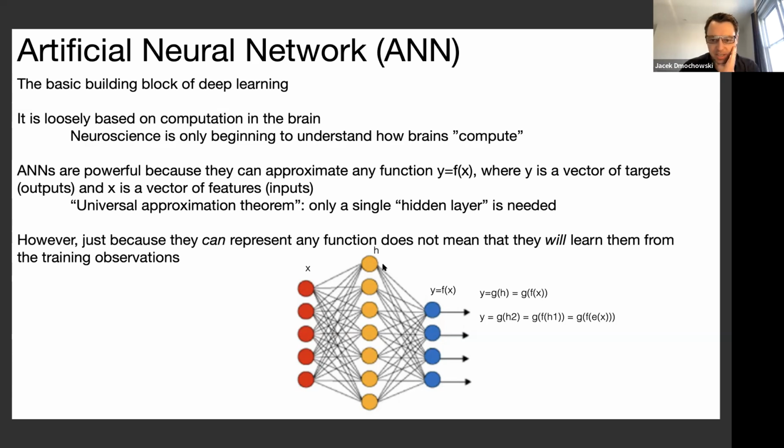So in the example that you see here, you just have the transformation from input to hidden layer, and then from hidden layer to output.